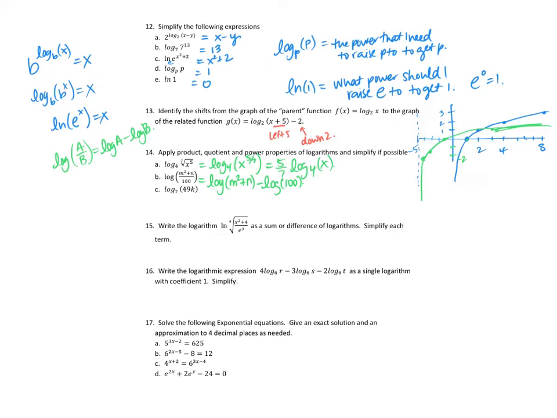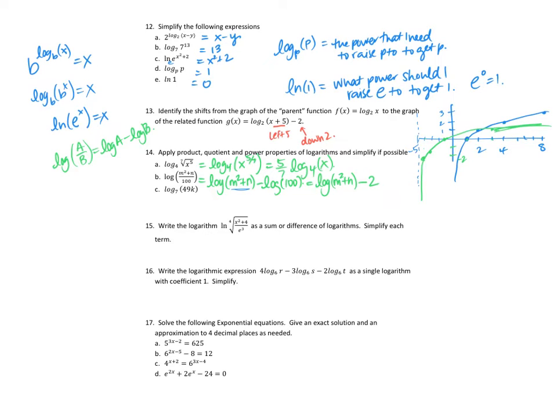Now, we don't have anything that has to do with a sum inside, so we can't simplify that one any further. But I do know what log of 100 is, because I know that 10 squared is 100. So this is equal to log of m squared plus n, just like it is, minus 2, because 10 squared is 100.